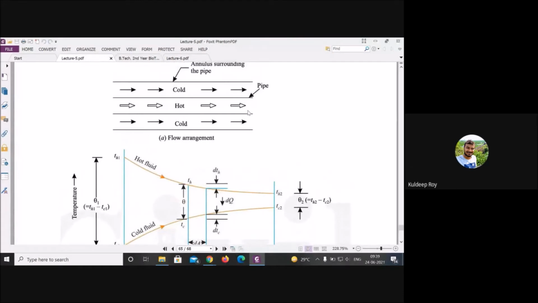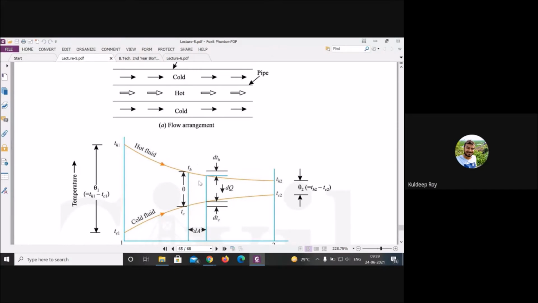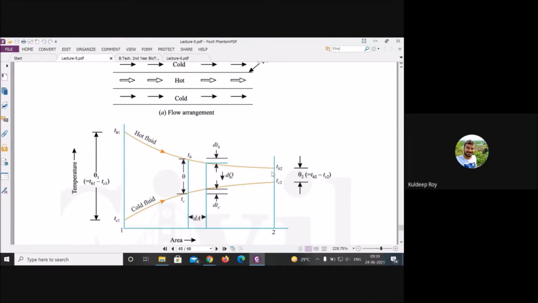Now you can see here they have derived the formula, how you derive the LMTD formula. What he did, he cut this particular small segment, and now you can see at each and every point theta is different. Theta 1 is very large, and here theta 2 is very small.